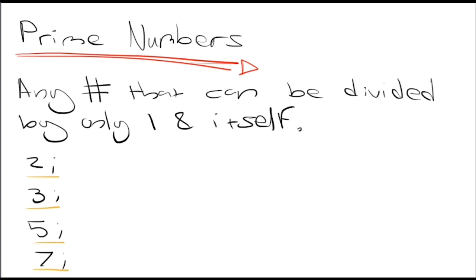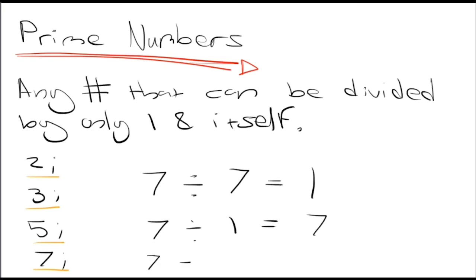And the same applies to numbers like 3, 5, and 7. If we look at 7, which is a bit more of a larger number than the rest of them, 7 can be divided by itself to give us 1. And 7 can be divided by 1 to give us 7. And you'll realize that you can't divide 7 by anything else.